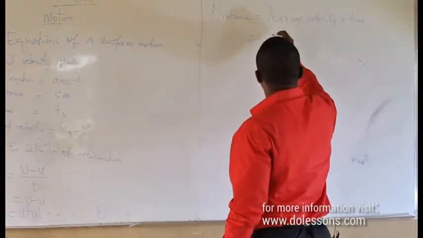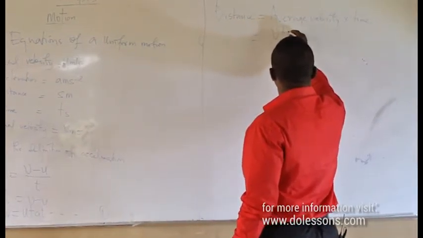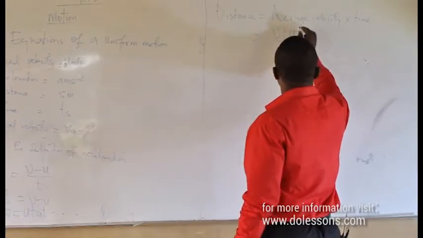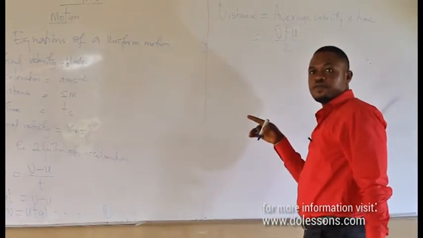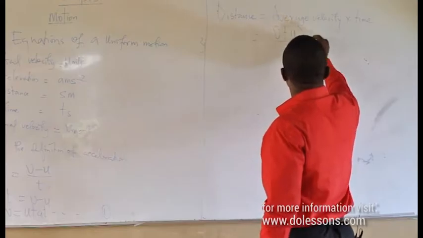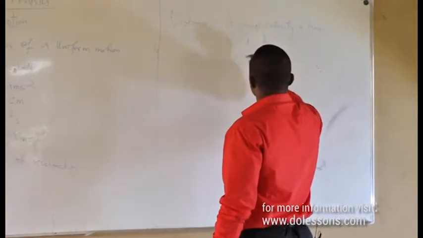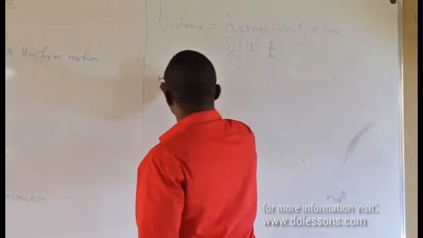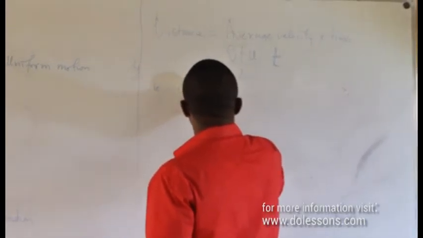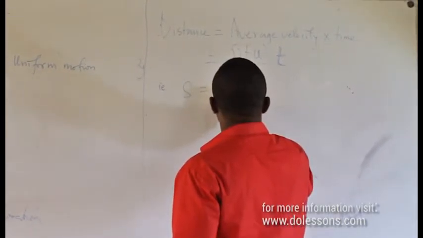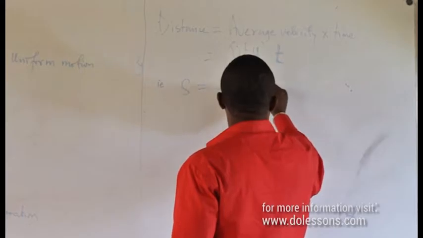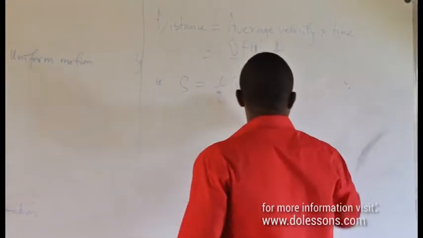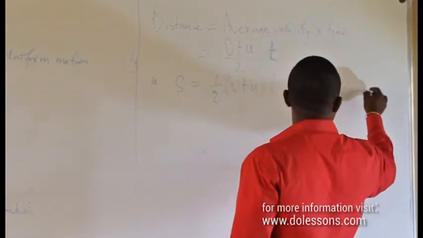So the average of that is v plus u all over 2. That is, distance is equal to half of v plus u times t. We can call this equation 2.